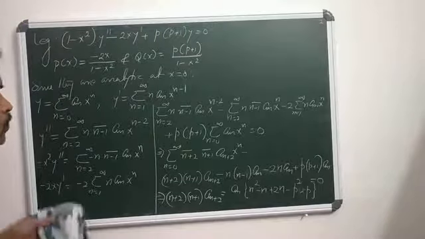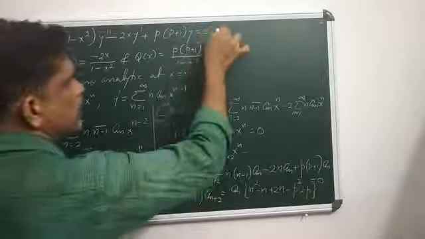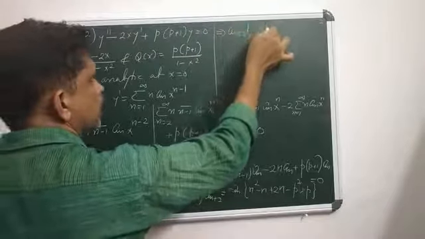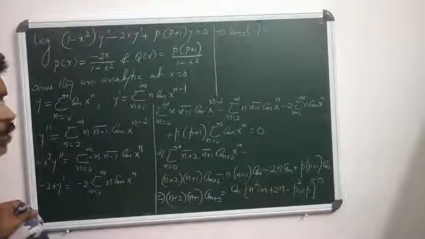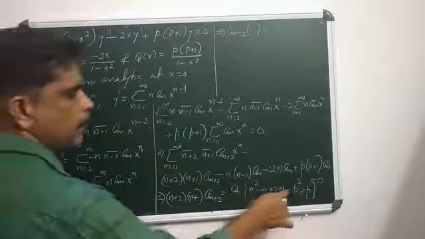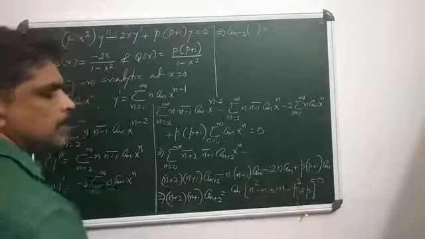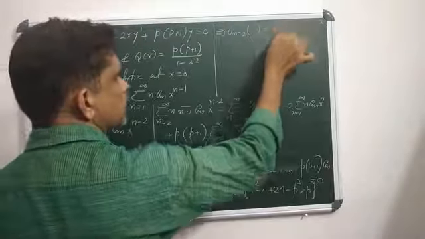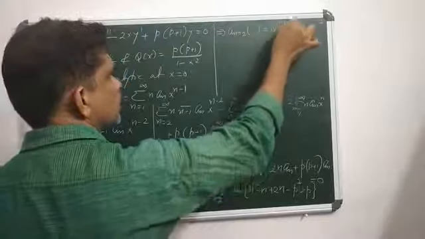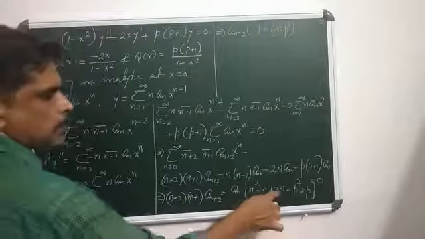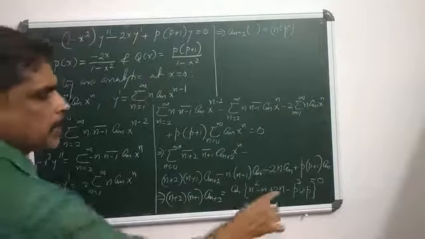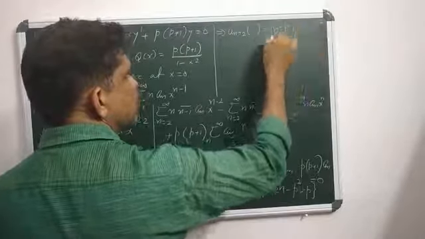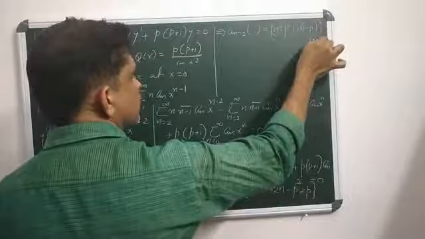That means n square minus p square, what is n square minus p square, then minus n plus 2n, so it is n plus n minus p into a n.